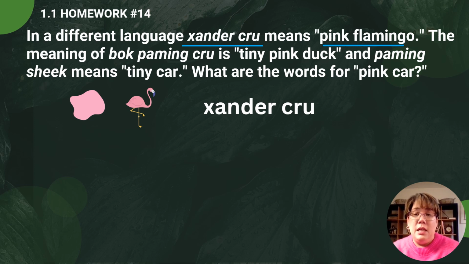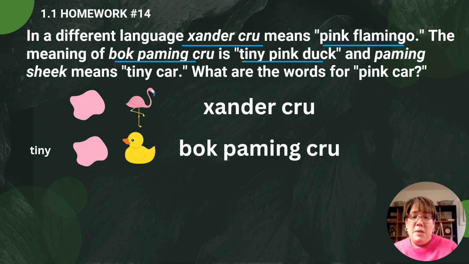So then the meaning of Bach Paiming Crew is tiny pink duck, okay? So here we go. Tiny pink duck is Bach Paiming Crew. Now I'm going to kind of put all of these things together as I go. So I'm going to look for similarities. Do you see anything similar between these two lines?